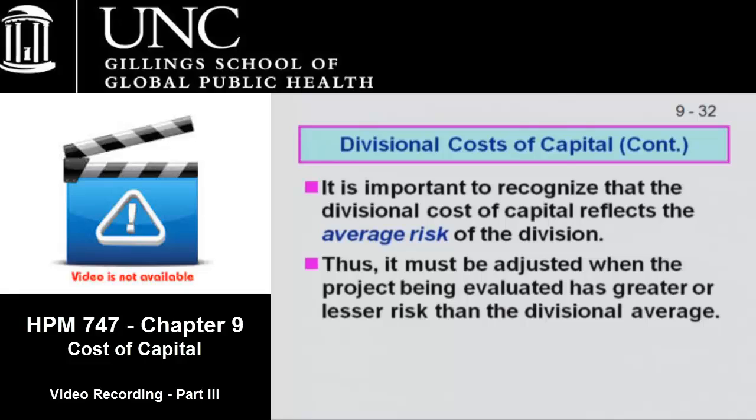And again, the cost of capital within each division will be based on the average risk of the division. Even within the division, they may adjust their cost of capital up or down depending on whether the project is riskier or less risky than their typical project.